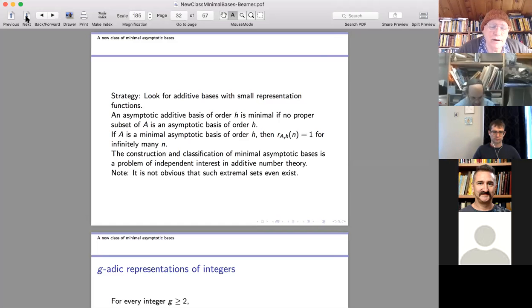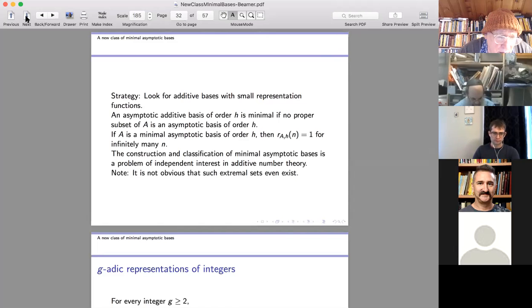So if you take a basis, all right, a basis means every number, not every sufficiently large number, can be written as a sum of h elements from the set, then it's easy to show that every basis must contain a minimal basis. Namely, you start to throw away things and there's a little inductive argument and you can construct a minimal basis inside every basis. But for an asymptotic basis, that's not true.